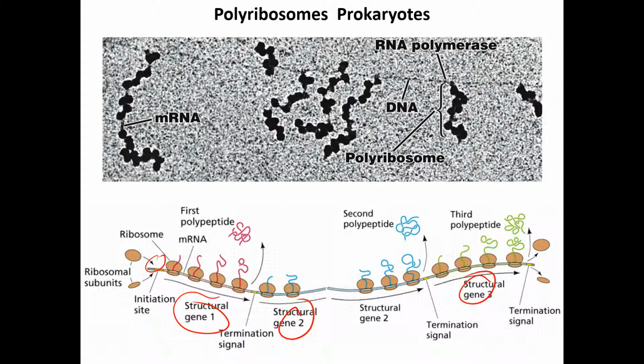And so from one mRNA transcript, you can get, in this instance, 3 proteins. And you can have many proteins that get produced because many ribosomes can dock at the starting point of each respective mRNA transcript at the promoter region.